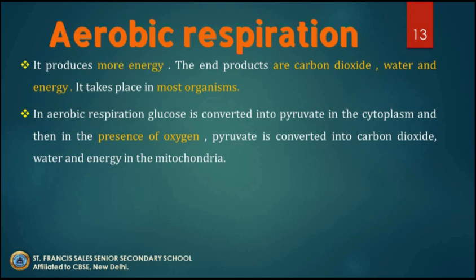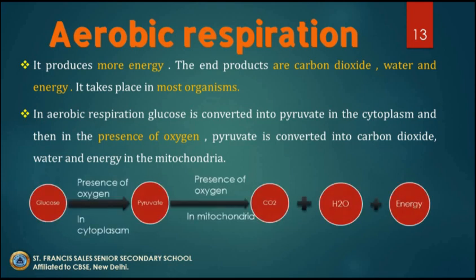So this pyruvate is converted into carbon dioxide, water and energy in the mitochondria. Now you can just see the equation. Glucose is converted into pyruvate, first step in the cytoplasm. Second, in the mitochondria, oxygen is absolutely needed. Products are carbon dioxide, water and energy.